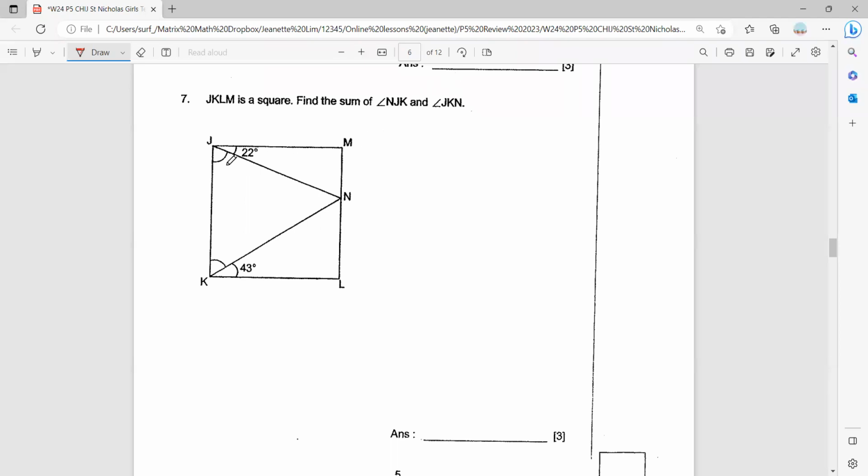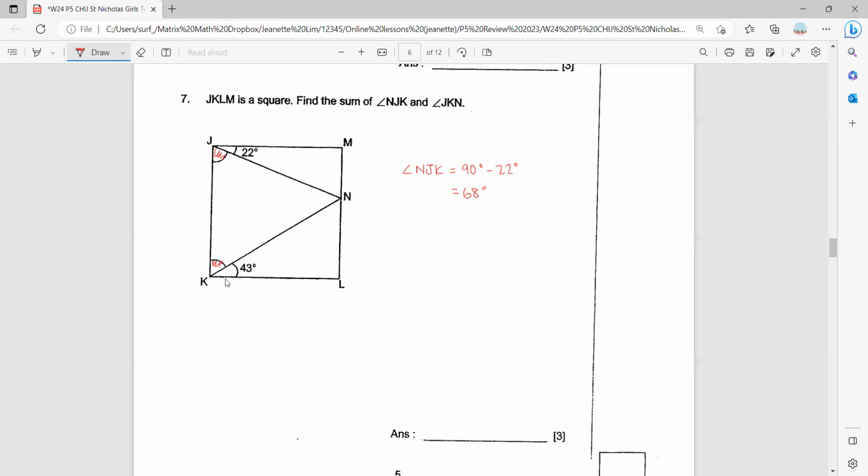Find the sum of NKJ, which is this one, NJK, and JKN, which is this one. Okay, so this is a square, so you have right angle here, right angle here. So NJK, which is this one here, is 90 minus 22, 68.